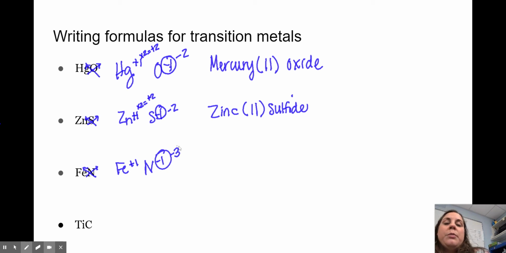So in order to get from -1 to -3, we would multiply by 3. So I'm going to multiply this front one by 3. So my iron charge is actually +3. When I write my compound out, I'm going to have iron in parentheses a 3 and then nitride.